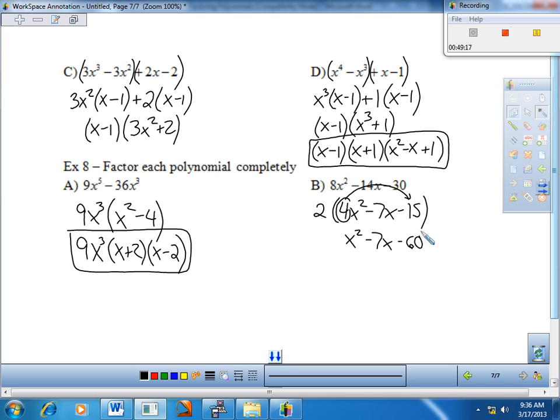And what we need here is our 2 factors. Let's see how we want to play this out. So I need 2 numbers that multiply to negative 60 and add to negative 7. Just to move this along, guys, I'm going to give you the minus 12 and the plus 5. Remember, the 4 goes back in.